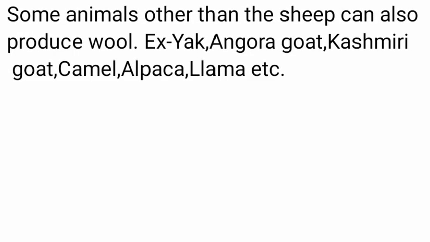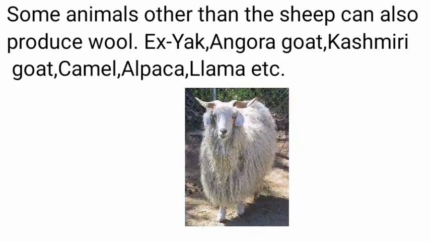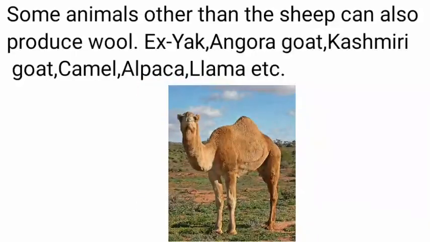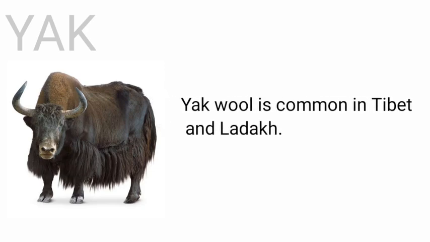Some animals other than the sheep can also produce wool. They are yak, Angora goat, Kashmiri goat, camel, alpaca and llama. Yak. Yak wool is common in Tibet and Ladakh. Angora goat.